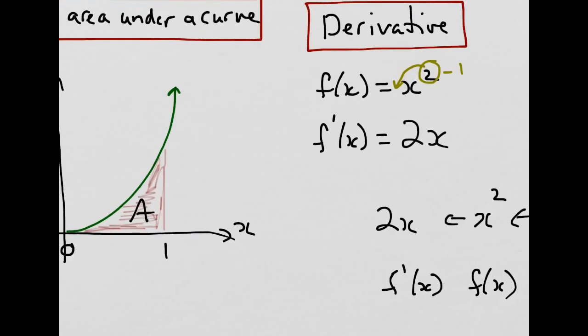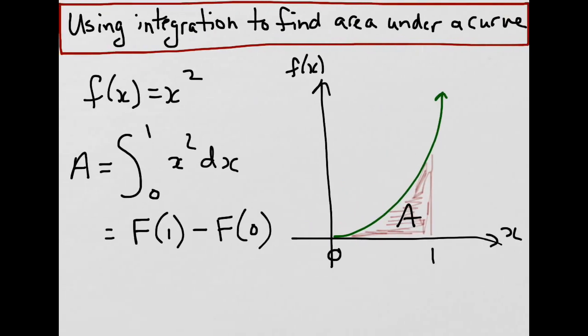Okay, let's come back now and finish off our problem. We know that the antiderivative of x squared is x cubed over 3, and what we want to do here is substitute the value of 1 in for the antiderivative, and then do the same thing for 0.